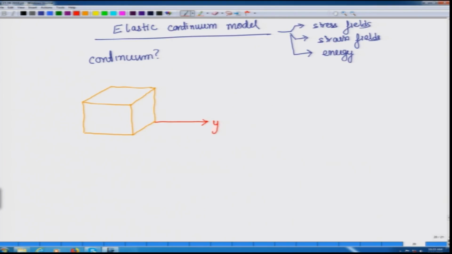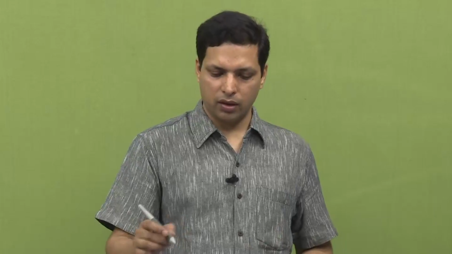So, this is y, this is x, and this is z. So, we have x, y and z components, and for this particular small element from the material we have taken a small element with x, y, z coordinates.